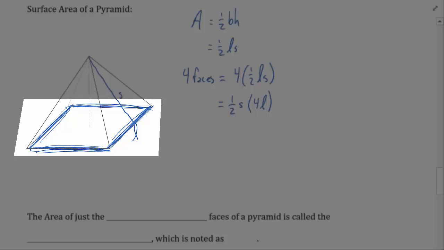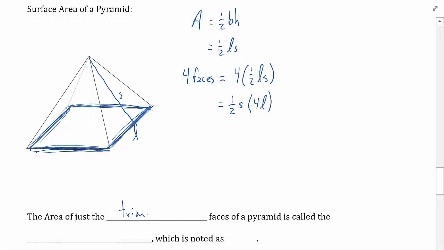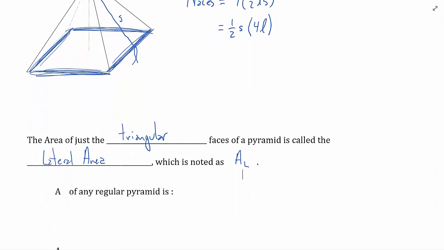And so you could generalize this to say that the area of just the triangular faces, which, as I've mentioned, is called the lateral area, noted as A subscript L, the lateral area of any regular pyramid is 1/2 the slant height multiplied by the perimeter of the base.